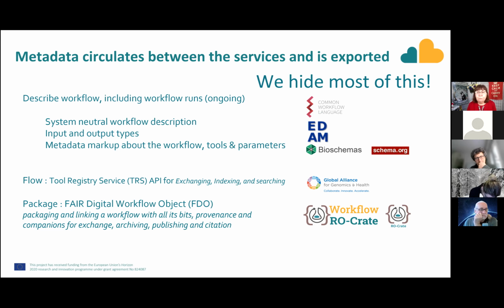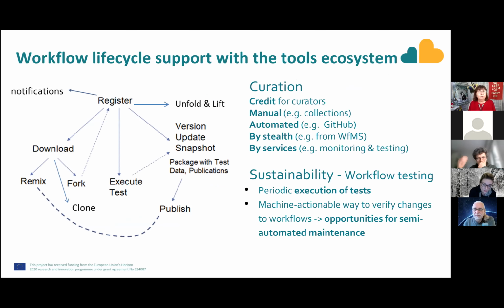And that allows us to package together all the different components of the workflows with their companions, like their data and their provenance and other things, so that we can move them around all of these different services, including exporting them to things like Zenodo and Dataverse. So this creates FAIR digital objects.